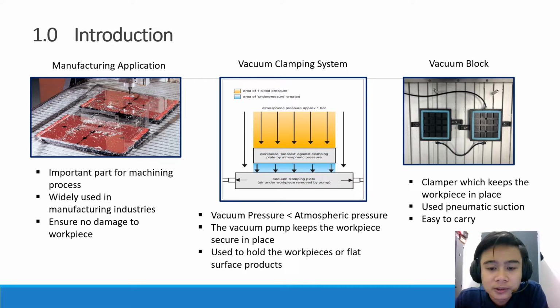Vacuum clamping technologies are provided to ensure there is no damage when using this clamp system, which means no scratches or clamping marks on the workpiece. Compared to other clamping systems such as the mechanical clamping system, there are more benefits. To give you an example of a mechanical clamping system, which is the G clamp: when a G clamp is used on the workpiece, it leaves damage, scratches, and clamping marks.